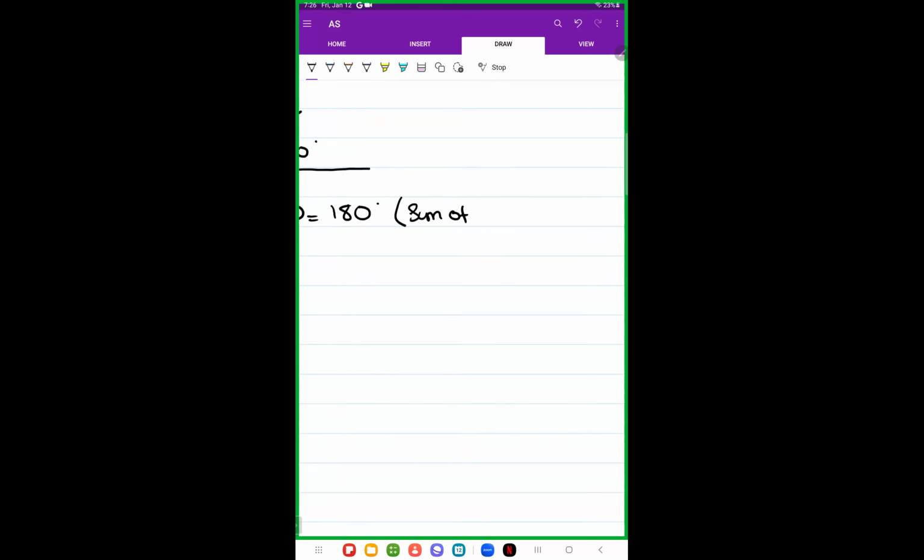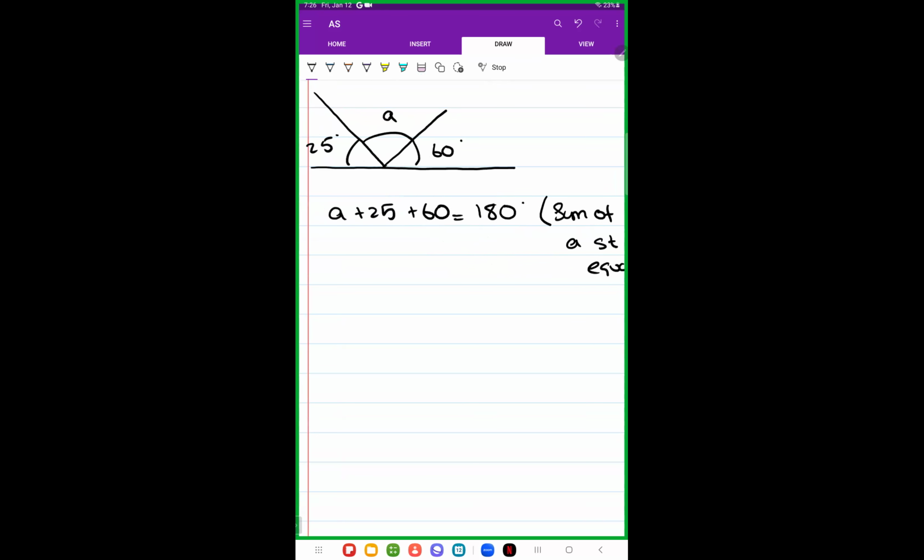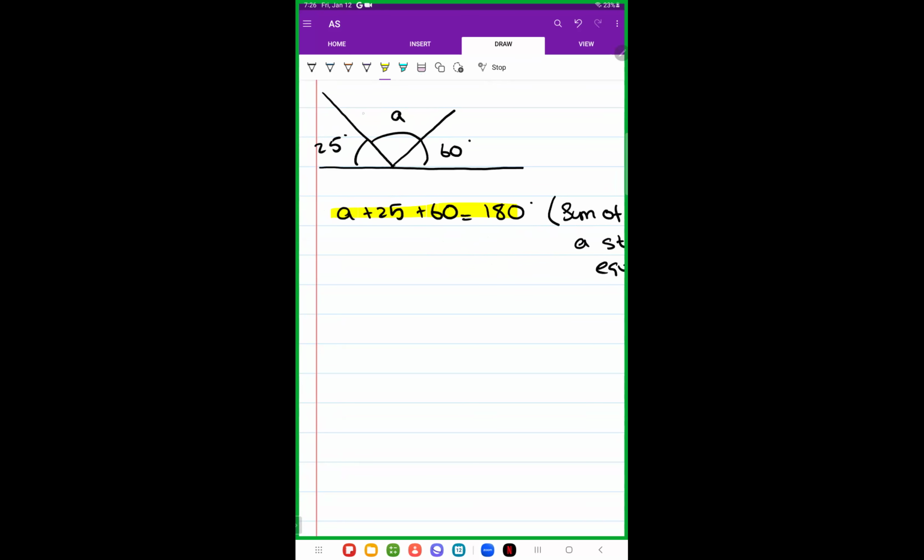So there have to be statements all the time. Because if you write this down only, the examiner will simply write down a question mark, even if it's correct, because he requires a statement from you: why is it 180?